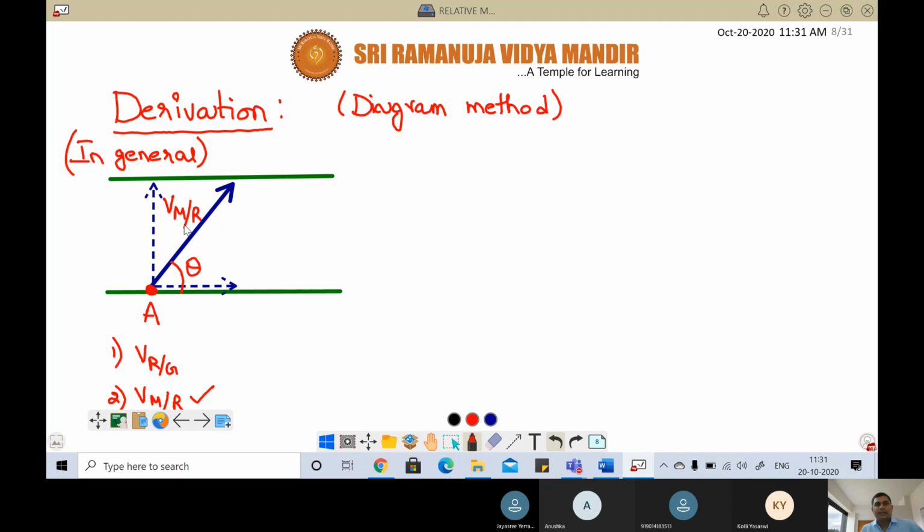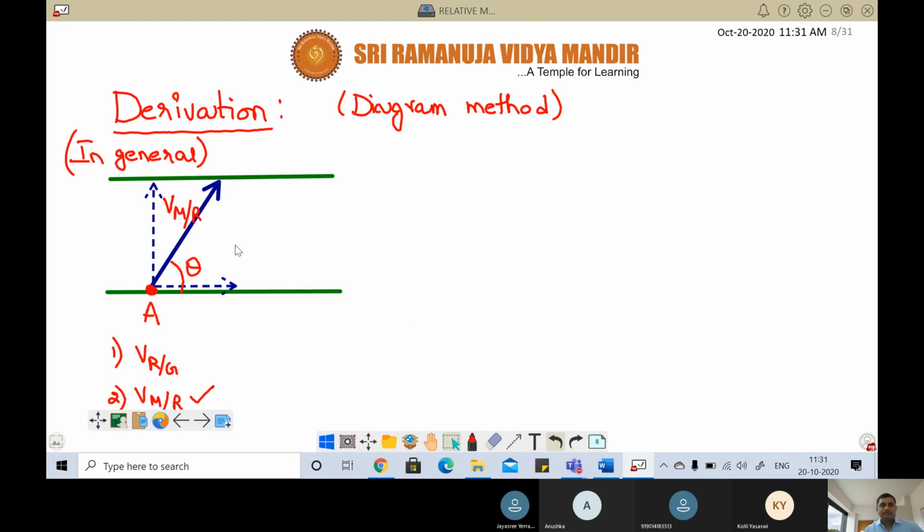In general I took this theta. If you travel like this, theta will be 90. If you travel like this, theta will be obtuse. If you travel like this, it will be acute, meaning 0 to 90, like 30, 45, 60. So this theta is a variable here.